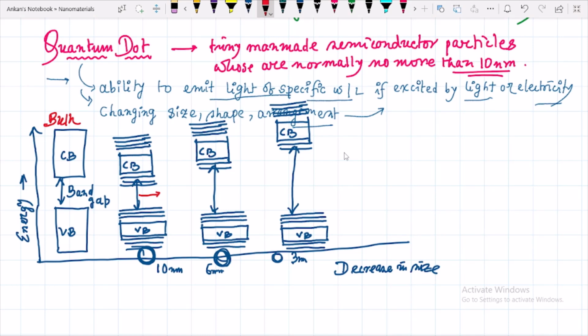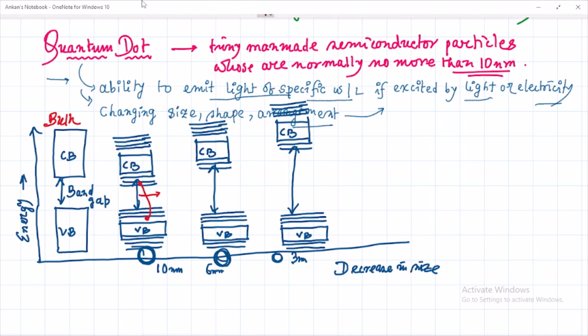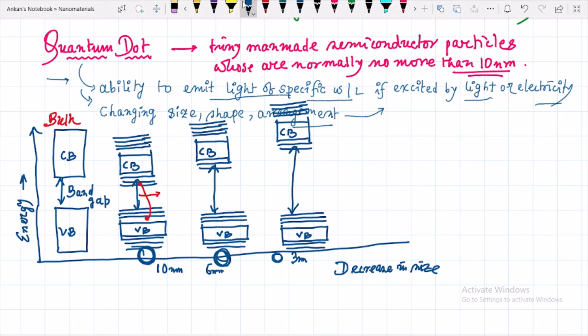So when an electron is excited from the valence band to the conduction band, and then makes a transition from the conduction band back to the valence band, it will release a greater amount of energy, equal to the band gap energy, as compared to this one. Similarly, when an electron is excited from this valence band to the conduction band and again back to this valence band, it will also emit energy which is obviously greater than the previous one.